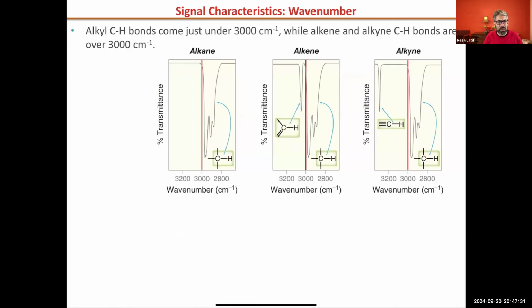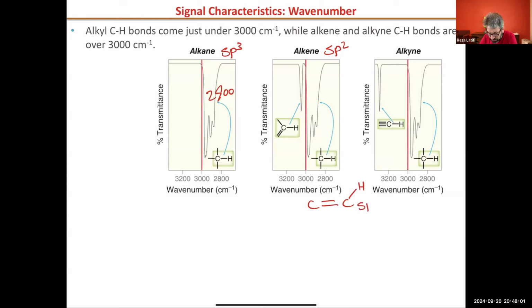So as you see, for alkane, because we have sp3 carbons, all the carbons are saturated and have sp3 hybridization, the CH stretch is going to show up around 2900. For alkene, you have sp2 hybridization, so you will have a carbon that's attached to another carbon, and that carbon might have hydrogen attached to it.